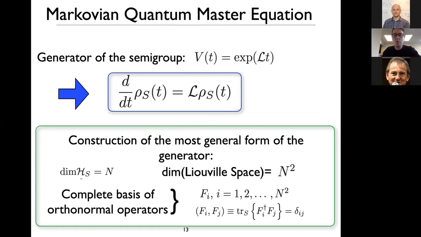Okay, so from the property that the reduced density matrix rho S at some later time t is obtained by evolving our initial reduced density matrix rho S, we obtain rho S of t by acting our dynamical map on the initial reduced density operator of our open system.